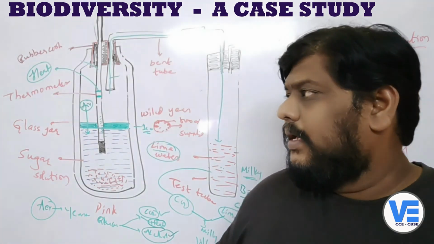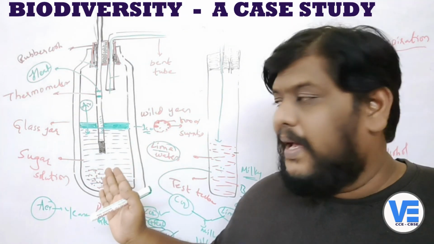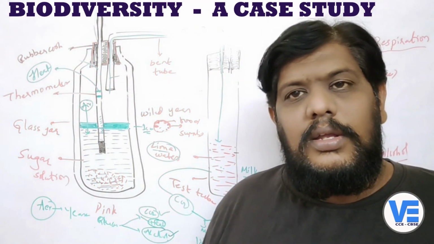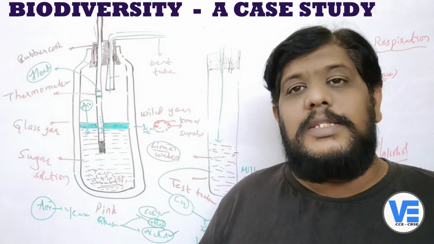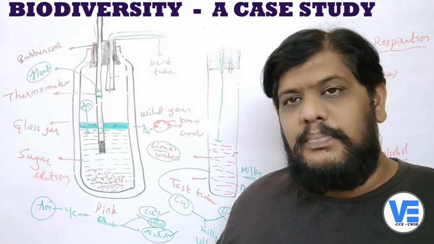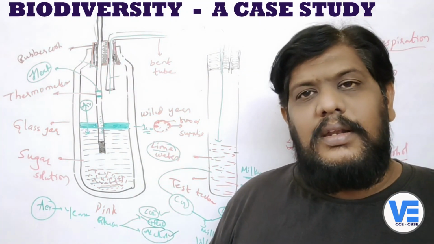Here the yeast are able to respire, and they give out carbon dioxide, heat, and also alcohol. That is how anaerobic respiration takes place. So anaerobic respiration takes place in the yeast and also in the muscles. That is what we have confirmed.